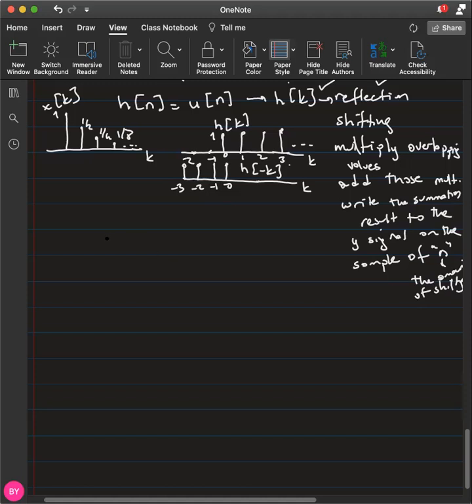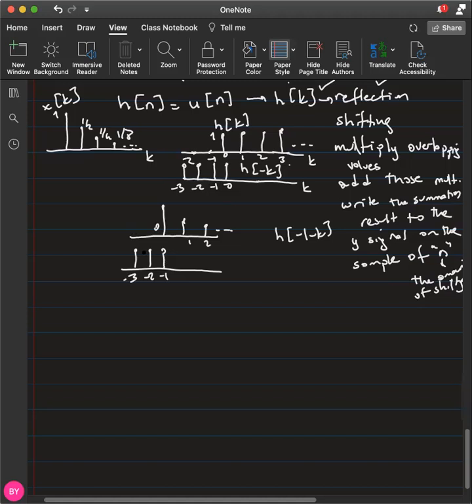Now, arkadaşlar, this was my signal, 1 over 2 and such, and this was my reflected h of k. For example, this is 0, 1, and 2. If I shift h of minus k by minus 1, this will be minus 1, minus 2, minus 3.